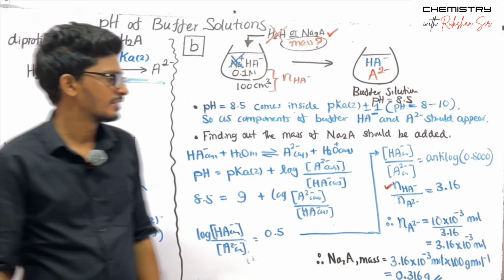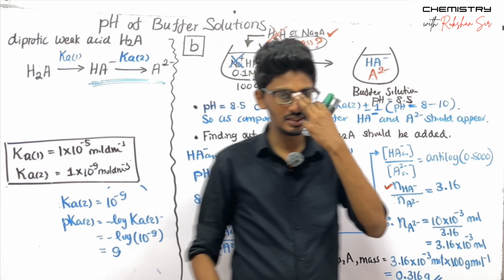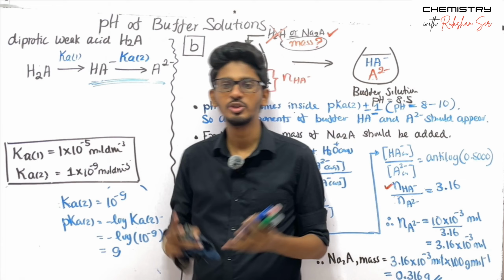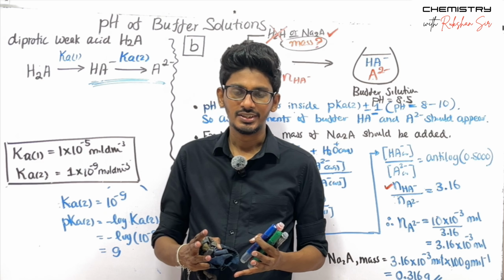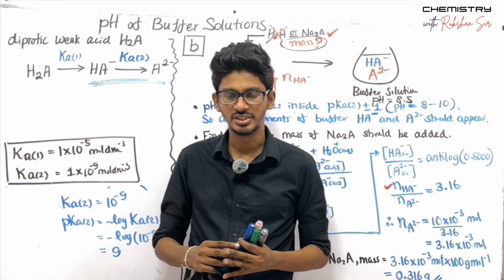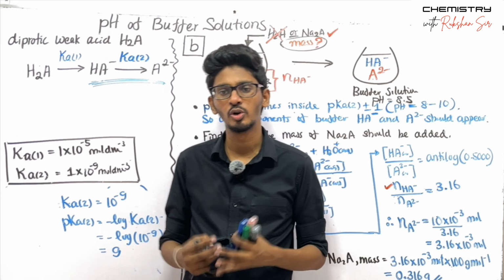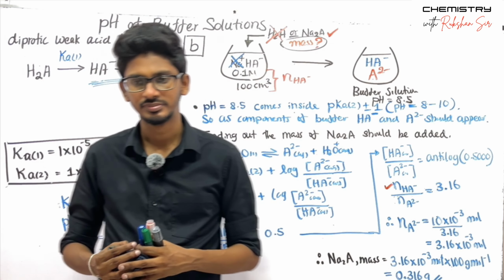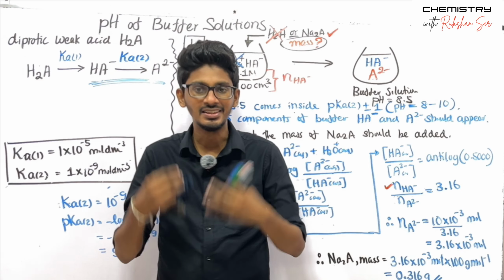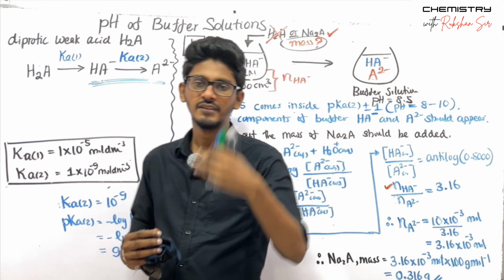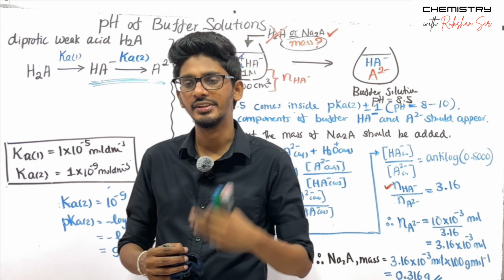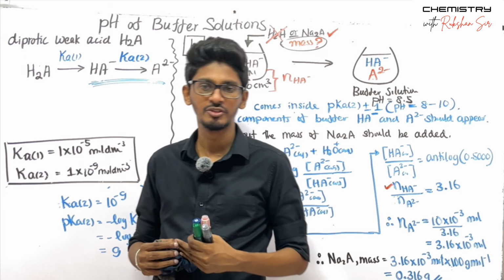So if you are adding a strong acid or a strong base, a little amount, to a buffer solution, what we are expecting is no considerable change in pH, no considerable increase or decrease in pH. That is what we are expecting when you are adding a strong acid or a strong base to this buffer solution, right?